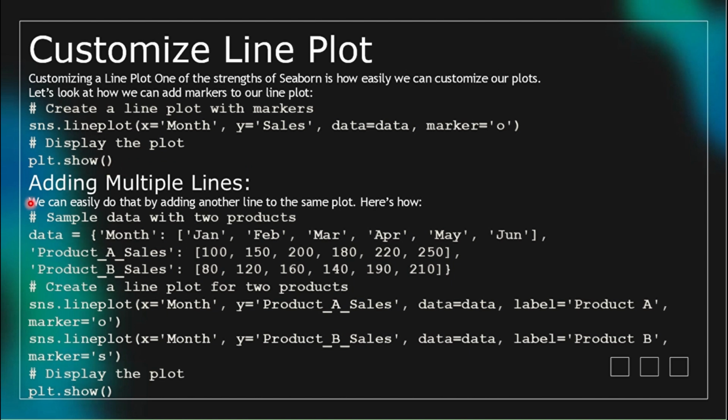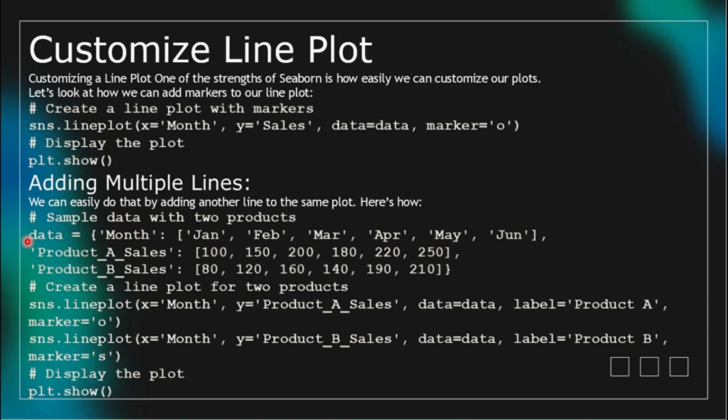We can also add multiple lines. What if we want to compare two sets of data, like sales figures for two different products over the same period? We can easily do that by adding another line to the same plot. Here's how.